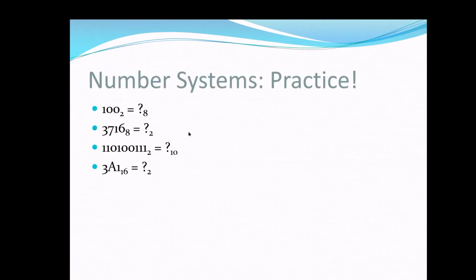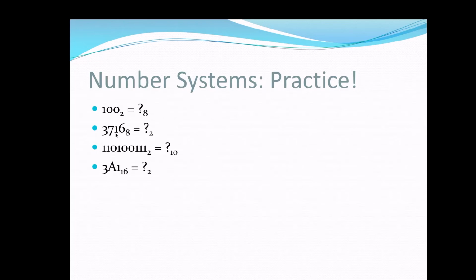In this particular example, let's say I wanted to make the conversion for 3716. What you can do is come up with the value for each symbol. So 3 would be 0, 1, 1. If you converted this to base 2, it's just 0, 1, 1. Then the next one, 7, is 1, 1, 1.